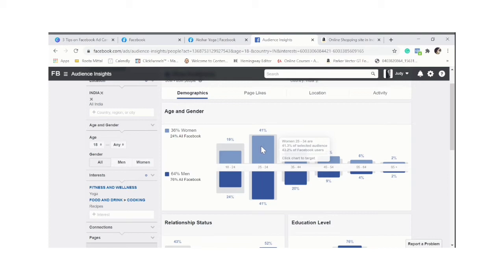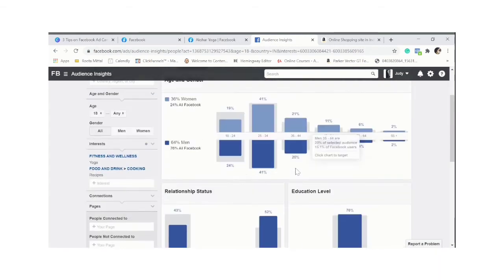So if I had to create my target market, I would definitely choose the age category of 25 to 34. But that is not a mandate. If you feel that you can add 35 to 44, then why not, guys? You can.